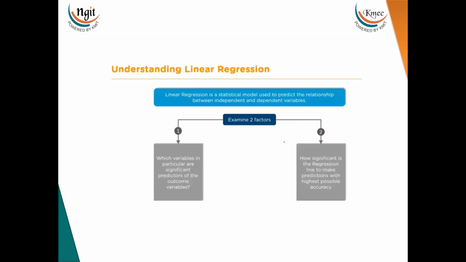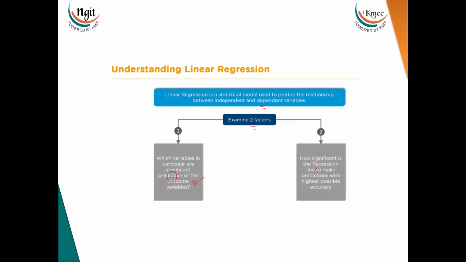Linear regression is a statistical model used to predict the relation between independent and dependent variables. It examines two factors. One is which variables in particular are significant predictors of the outcome variable, meaning which independent variables affect the outcome variable.